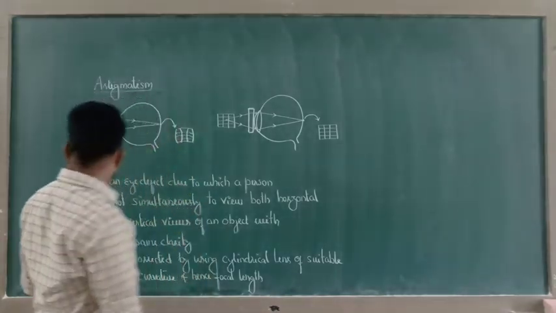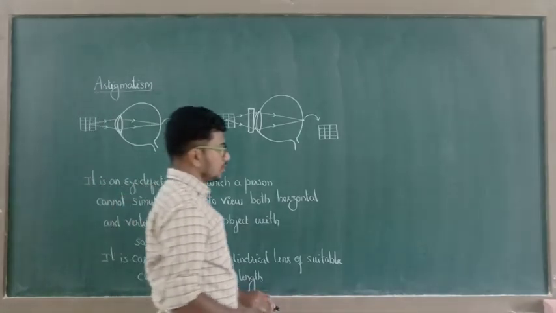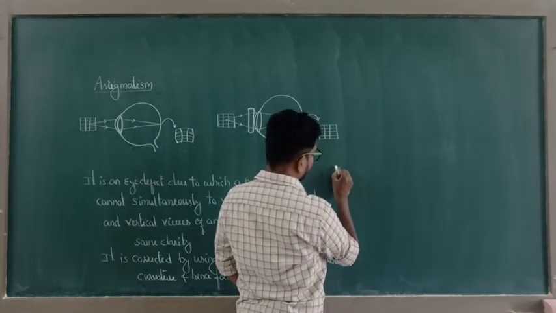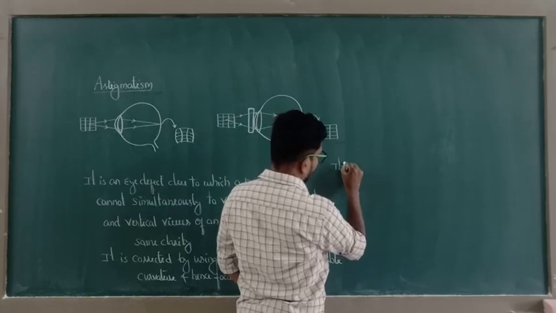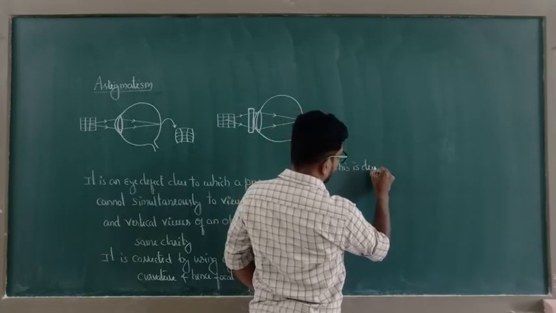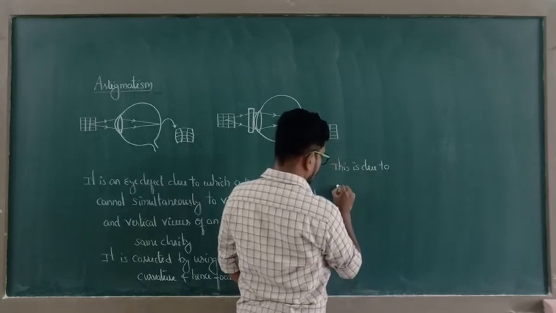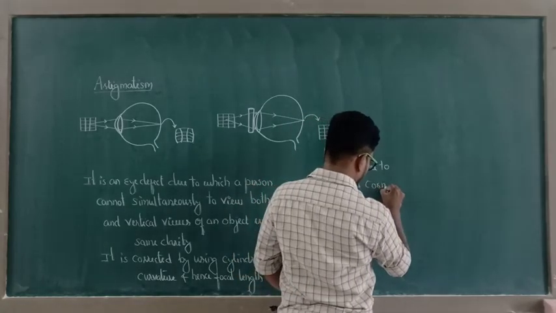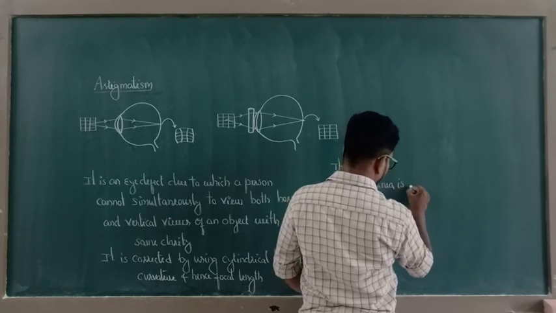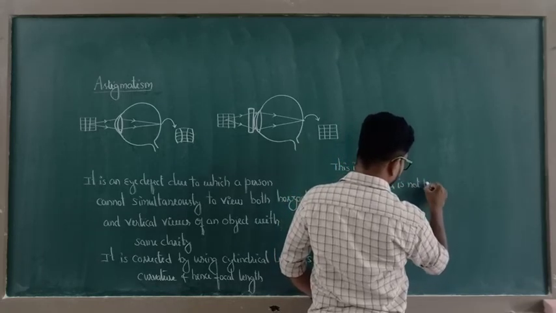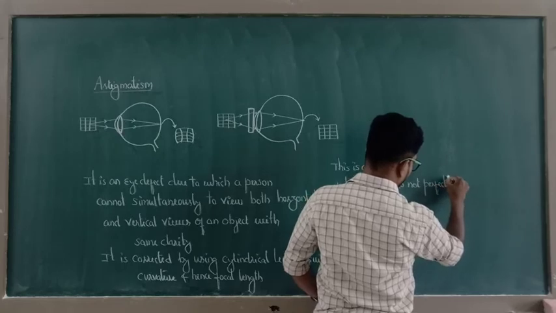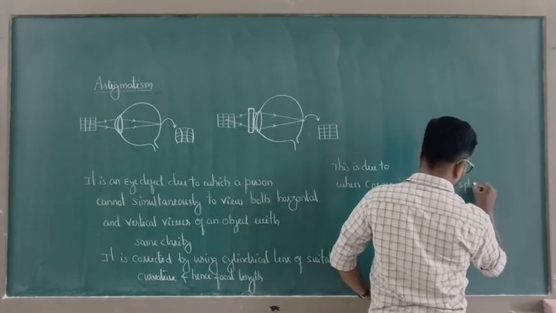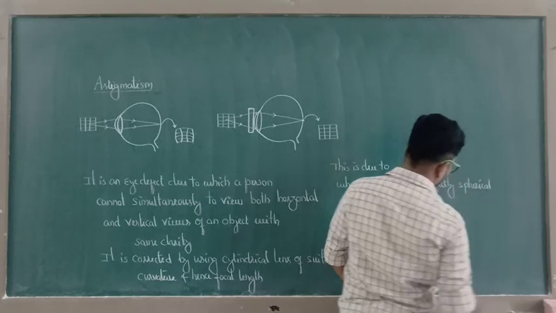So this is due to, if you want you can write, this is due to when the cornea is not perfectly spherical in shape.